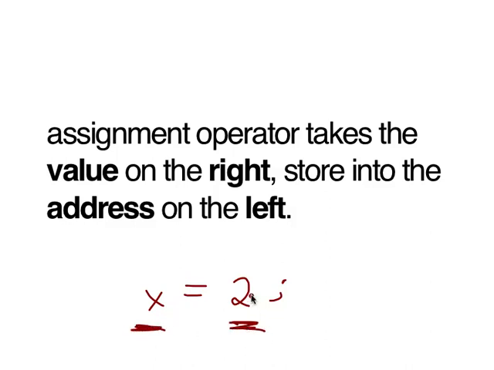The assignment operator means that I take the value on the right and store it into the address on the left. So I interpret the left and right-hand sides differently. The right-hand side is interpreted as the value. The left-hand side is interpreted as the address. So I take the value on the right and put it into the location on the left. This is the assignment operator.